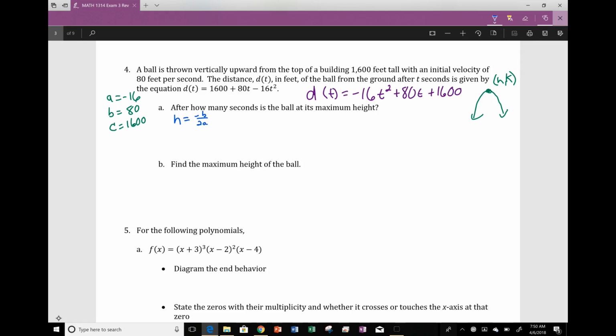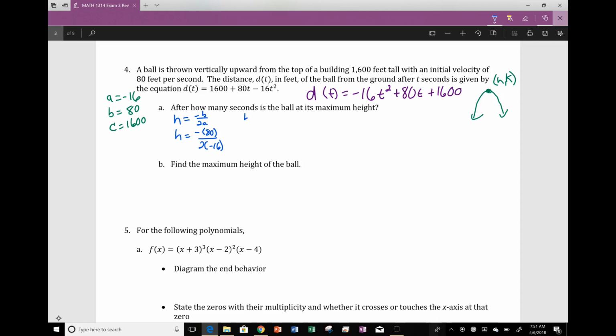And this is the reason why I wanted you to rewrite it in that ax squared plus bx plus c format. Because now I know that h is the opposite of b, so negative 80 over 2 times a negative 16.